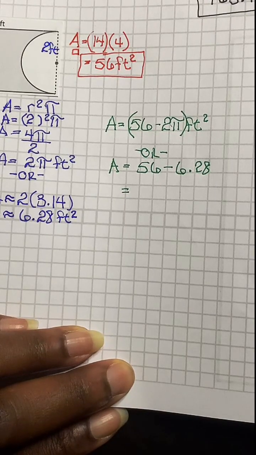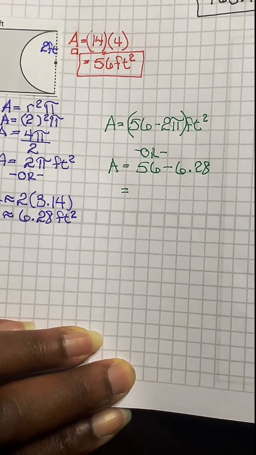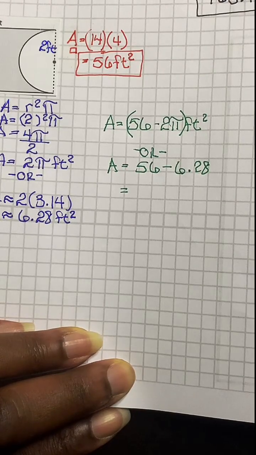Okay, 49.72. Big Al, 49.72. Nice. Is that fine? If they're looking for approximate, they want decimals.